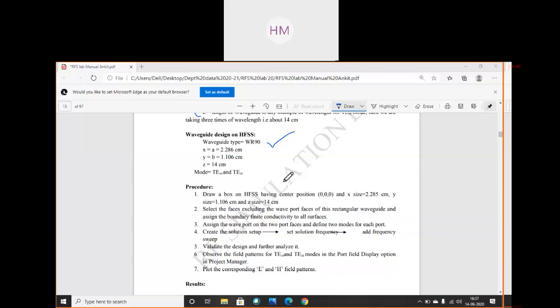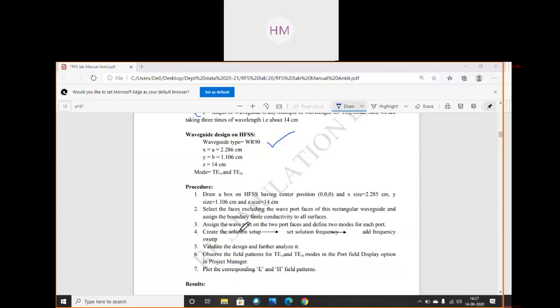Now after doing all those steps, select the faces excluding the waveport faces of this rectangular waveguide and assign the boundary finite conductivity to all surfaces. Excluding the waveport, the in and out ports are to be excluded. That means it will have 6 faces. So to 4 faces I will assign the boundary condition, and that is finite conductivity.